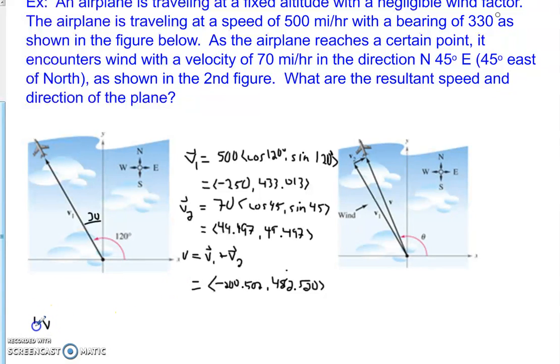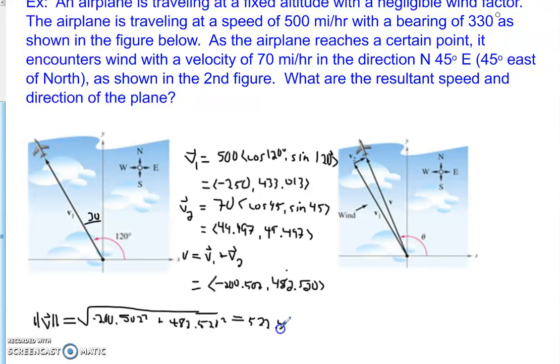So the magnitude of vector v is equal to the square root of negative 200.502 squared plus 482.520 squared, and that answer is equal to 522.52.